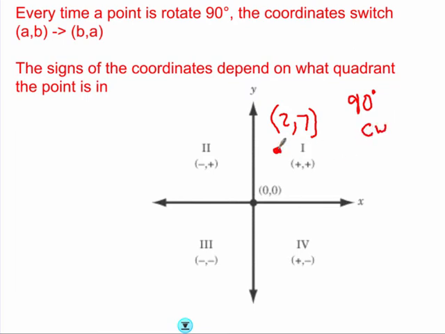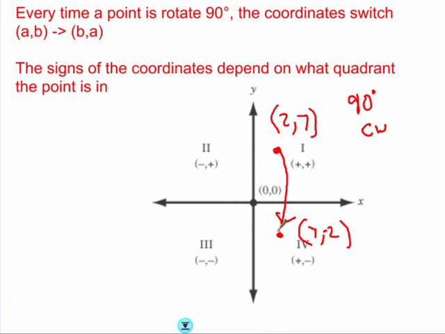Well, I know that moves me one quadrant down here to the right. All right, one quadrant clockwise. That puts me here in quadrant 4. Now, every time I move 90 degrees, these two switch places. So now I've got 7, 2. And now I look. In quadrant 4, my x is positive and my y is negative, so I just put the negative here.